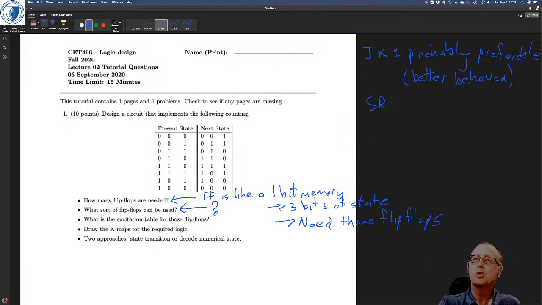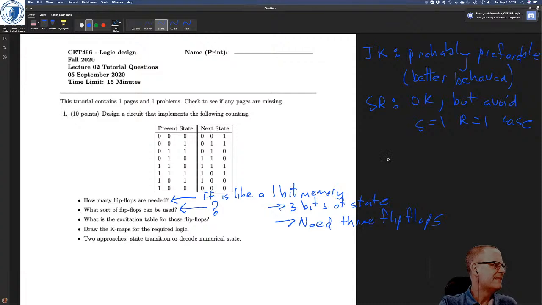SR could also probably be used, but we need to make sure we avoid the S equals 1, R equals 1 case. Yeah, not compatible, but there's perhaps a more specific reason, right?